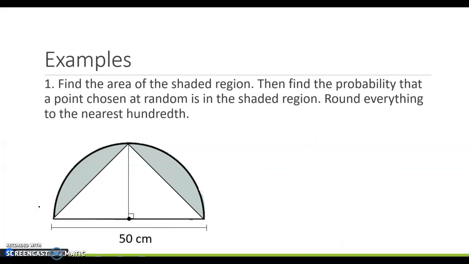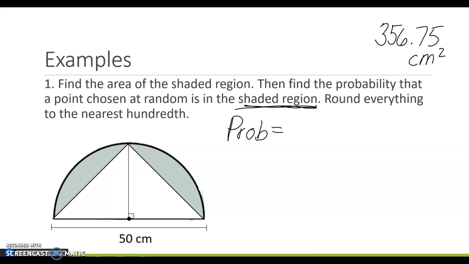Okay, so let's start just to get more room here. So the area of the shaded region, I'll just write that up here, was 356.75 square centimeters. So when we're looking at the probability, it's the area of the region that we want, which in this case is the shaded region, over the total area of the shape, which the total shape is this bigger semicircle, and we already found its area too.